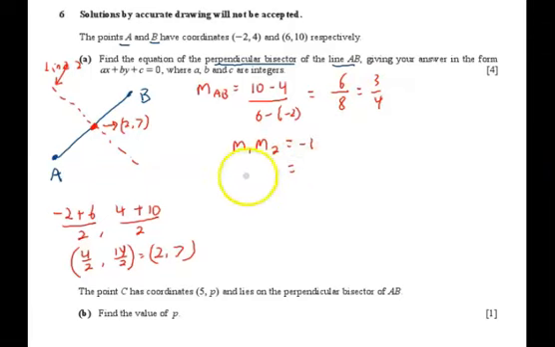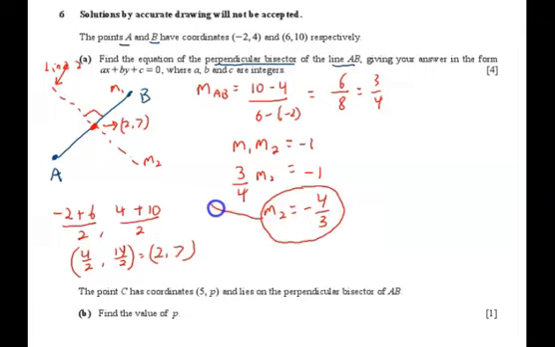This is only applicable for perpendicular lines, meaning they have 90 degrees between them. Just remember this, negative 1. Then we have to find m2. This is your m2 and this is your m1. So we are getting negative 4 over 3. This is the gradient for this line.